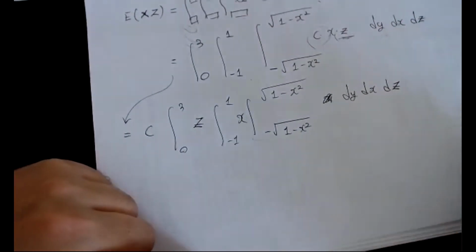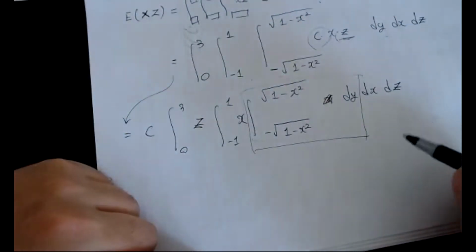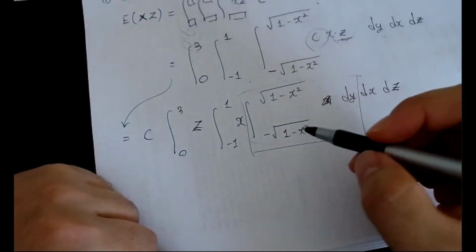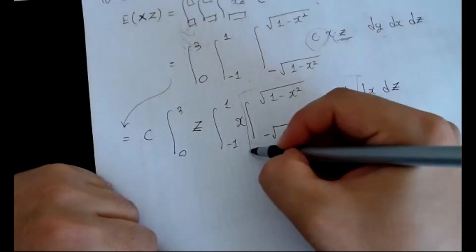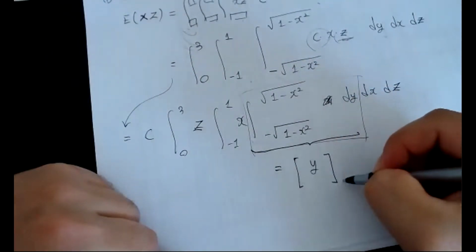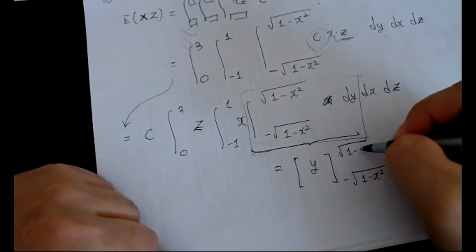So I bring x out of the integral with respect to y. Now we take the integral with respect to y first. So this is going to be y evaluated from negative square root of 1 minus x squared to square root of 1 minus x squared, right?